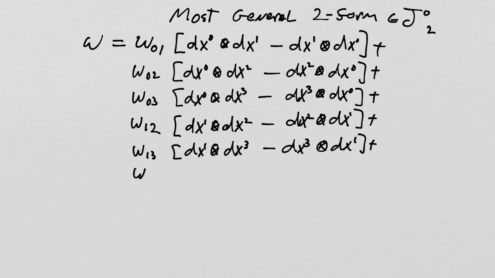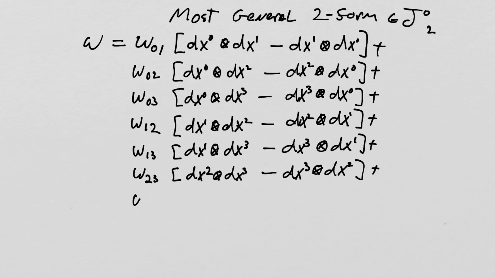Plus omega 2, 0 is already accounted for here. Omega 2,1 is already accounted for here. Omega 2,2 is 0, so omega 2,3 dx^2 tensor product dx^3 minus dx^3 tensor product dx^2.